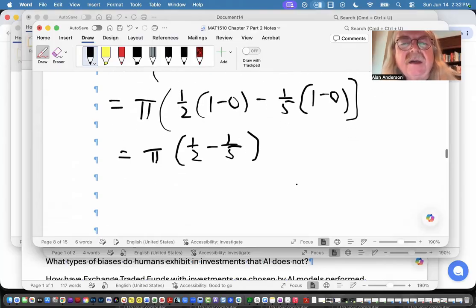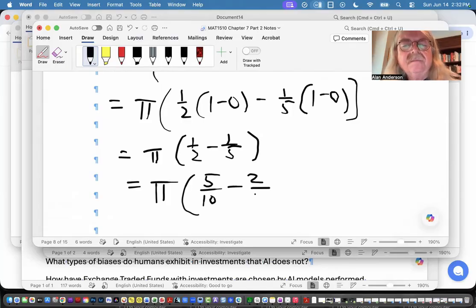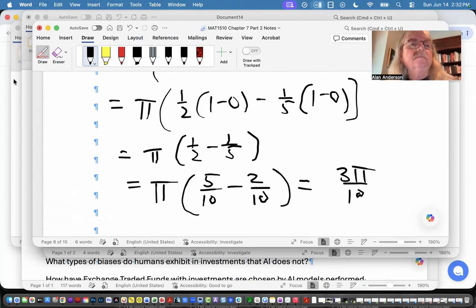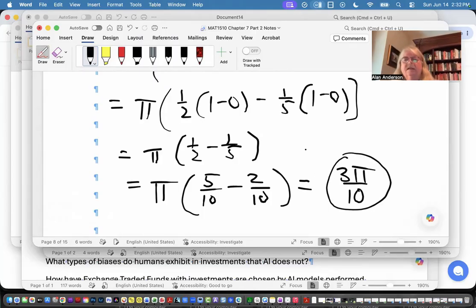And of course, now we need a common denominator, which let's use 10. So we ultimately end up with 3 pi over 10. Okay, and that's our volume.